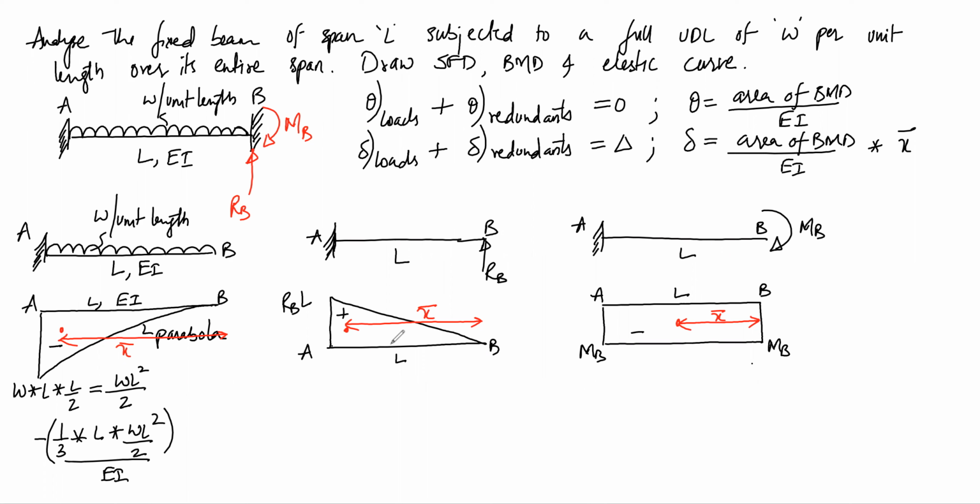For the second BMD, it is a triangle, so it is plus half into base into height divided by EI. And the third BMD is hogging and a rectangle, so it is minus, area of BMD will be MB into L divided by EI, and this is equated to 0.